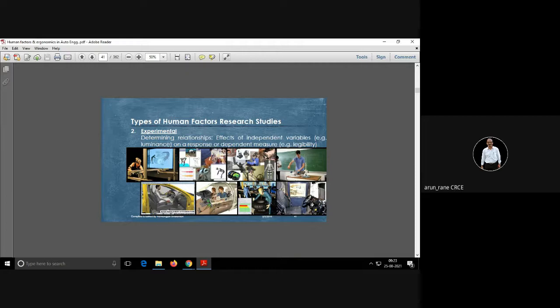For example, luminance, that is the effect of light, how light affects legibility.